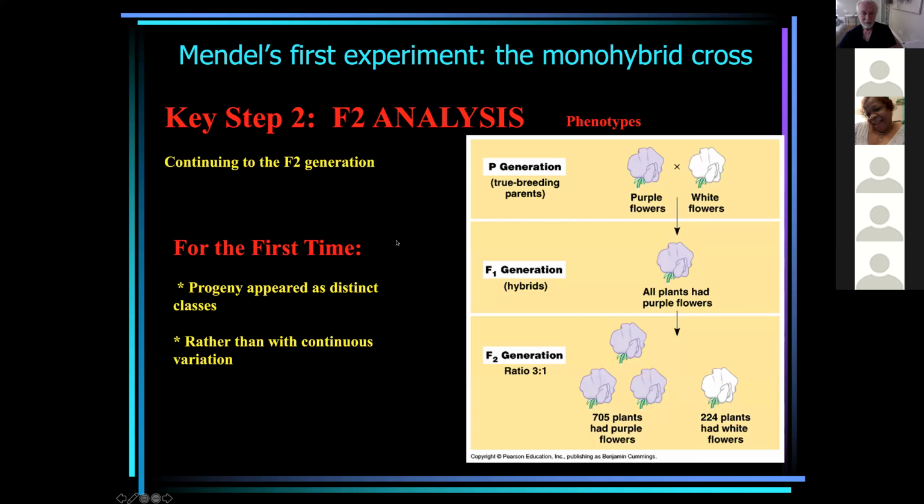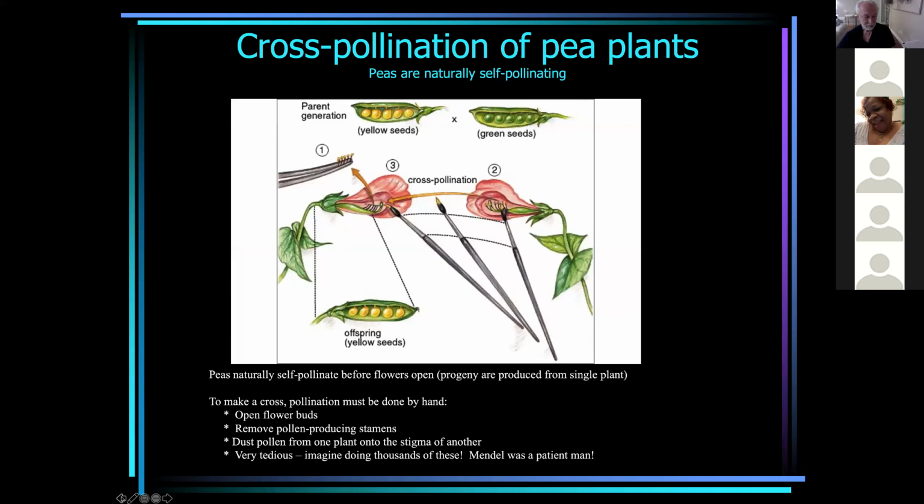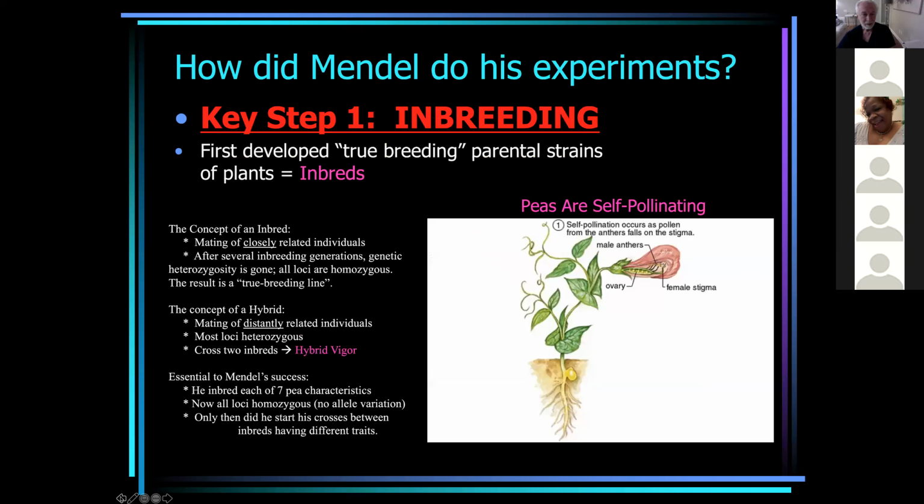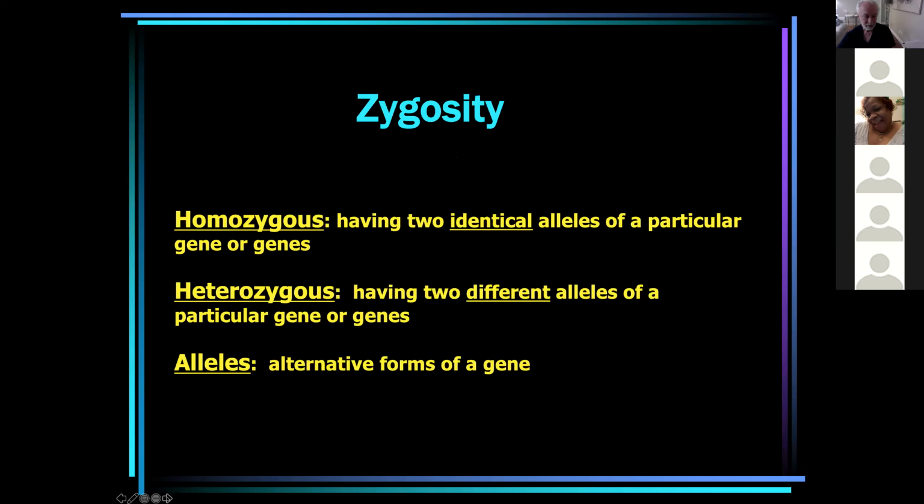So let's look at the result of his first experiment. It's called a monohybrid cross. So this is key step number 2, F2 analysis. Remember, key step number 1 was inbreeding. So he's done that, key step number 1.